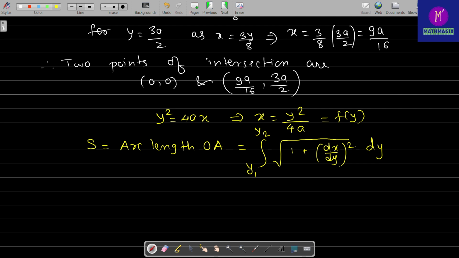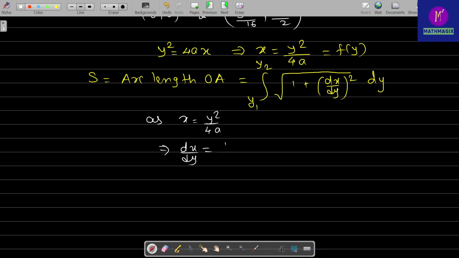In order to find this integration, let us first find dx by dy. As x is y square by 4a, that implies dx by dy equals 1 upon 4a, which is constant, and the derivative of y square with respect to y is 2y. So clearly we will get here y upon 2a. That is the value of dx by dy.